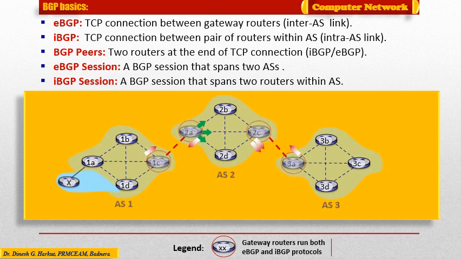There are four gateway routers, specifically 1C, 2A, 2C and 3A, establishing connections with routers belonging to other ASes. These are the four gateway routers, and this is a TCP connection which enables inter-AS communication.